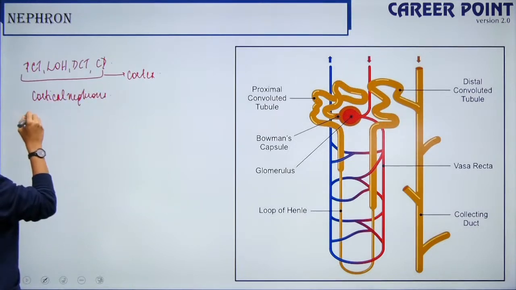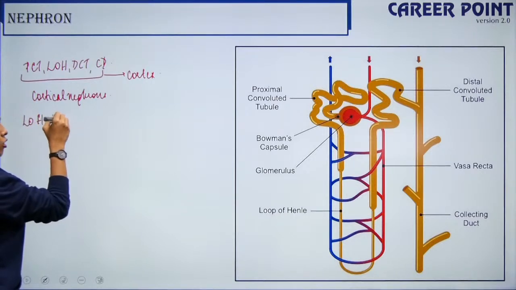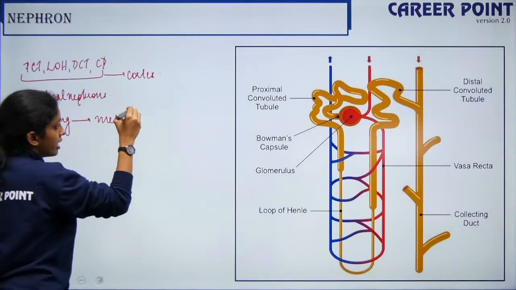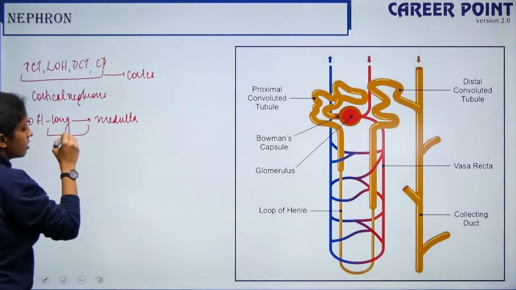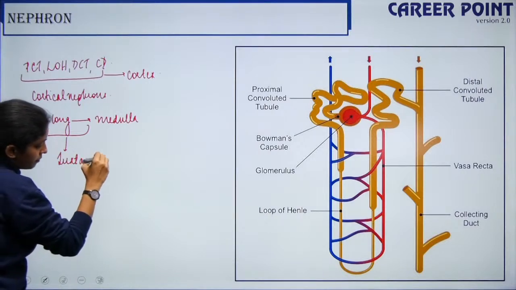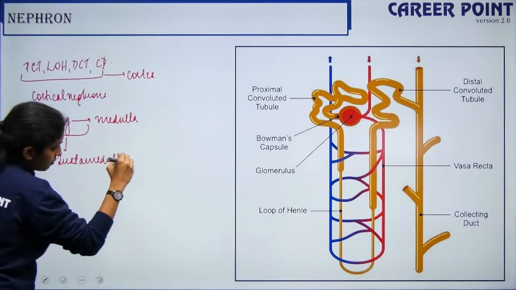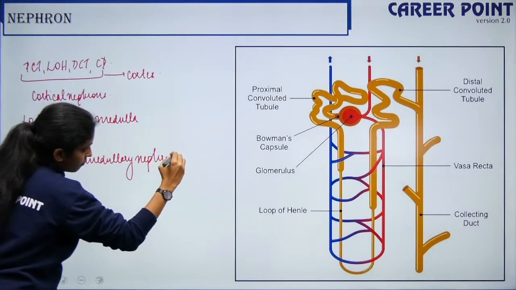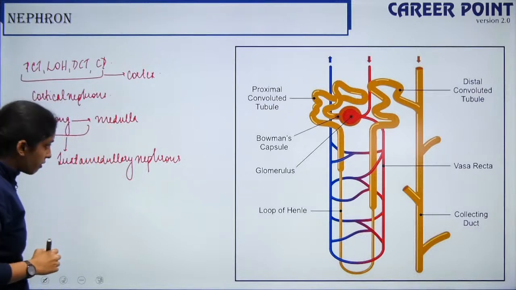If the loop of Henle is long enough and extends into the medullary region of the kidney, then it is known as a juxtamedullary nephron.